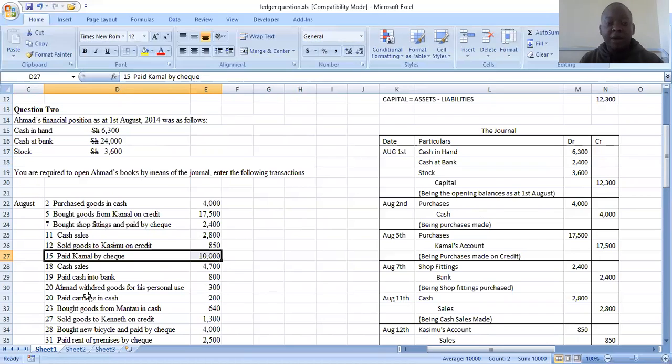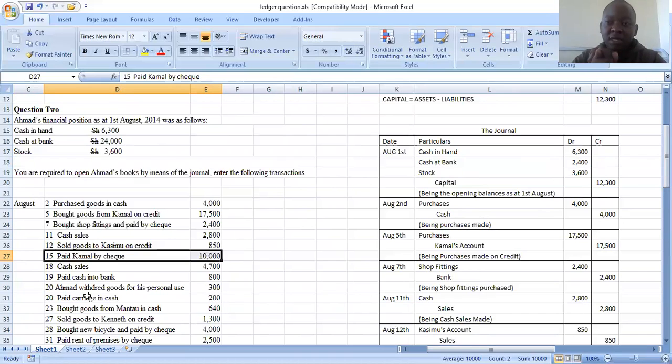So what type of accounts are they? Kamal is a creditor, a liability, and the bank account is an asset. So the liability is decreasing. The liability in Kamal is reducing. And the bank account will also reduce because we withdraw money from the account to pay Kamal. So both accounts here are decreasing.